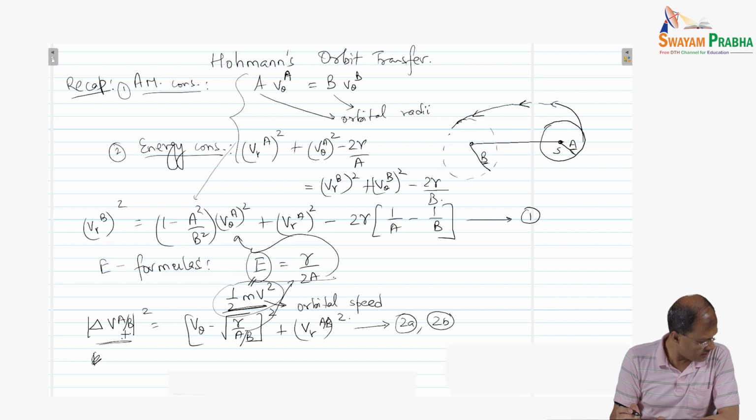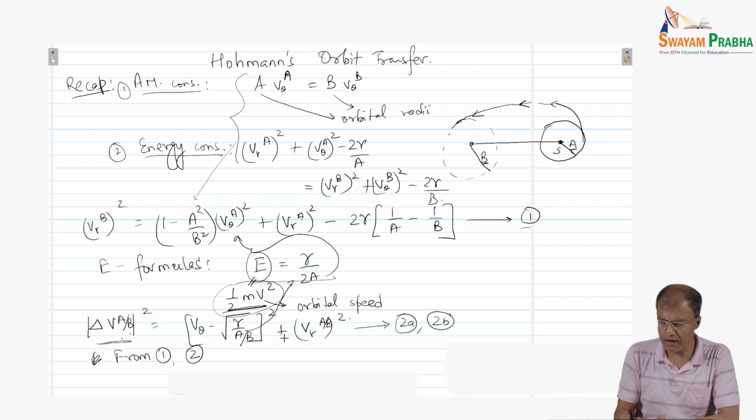Let me call this 2A, 2B. So from 1 and 2, 2 has two sets of equations, 2A and 2B. From 1 and 2 we are going to get that the impulse at the point of takeoff, delta VA square, and let me call this the impulse at the point of landing.